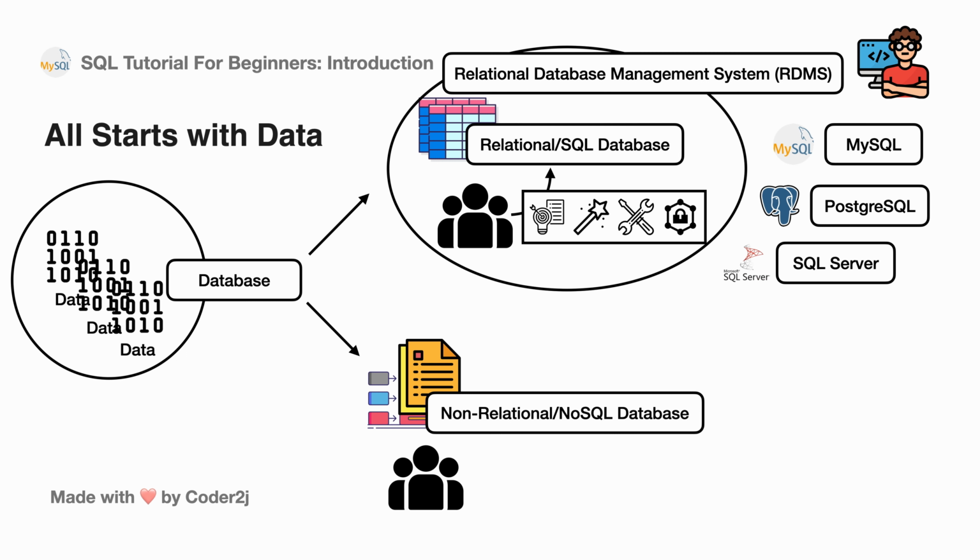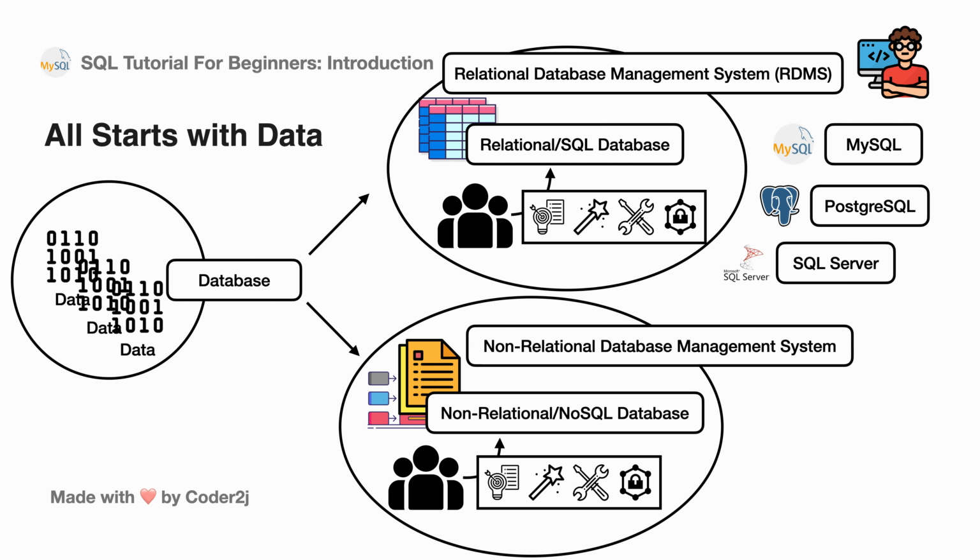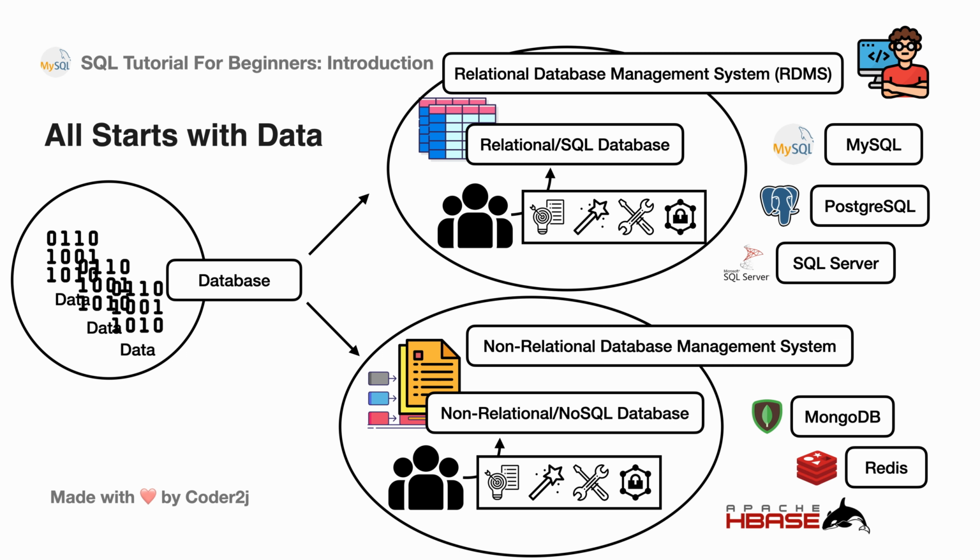Likewise, the database management system for the non-relational or NoSQL databases is called Non-Relational Database Management System. They are increasingly used in big data and real-time web applications such as MongoDB, Redis, Apache HBase, and more.